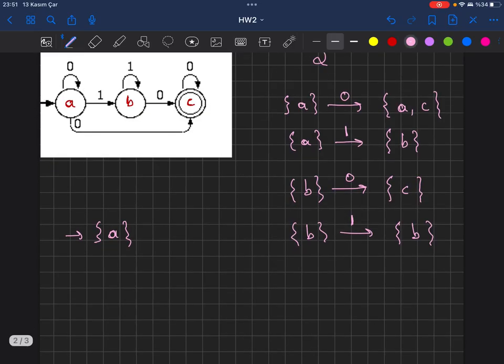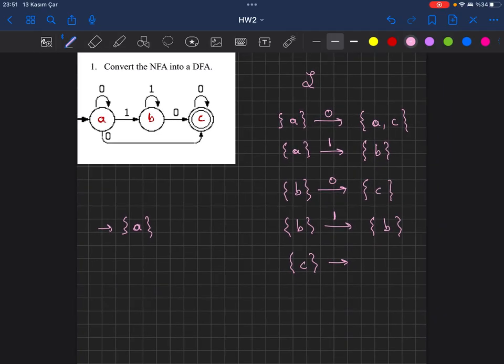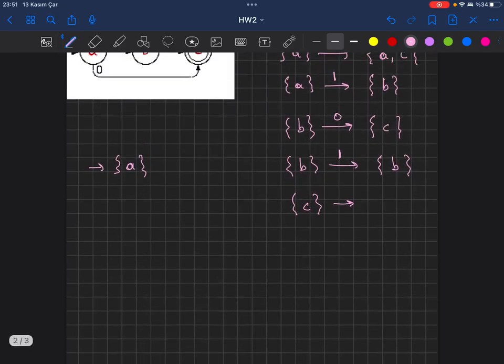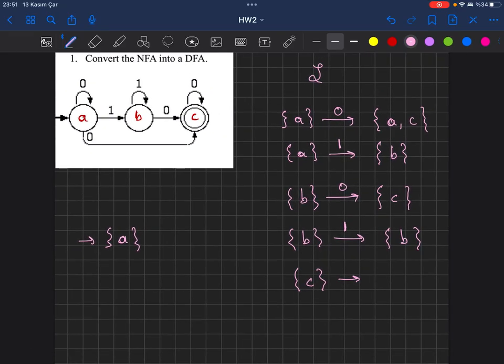Then write another state, it's C. In C, by the way, we should write all transitions. Let's write 0. With 0, we will go to C, just returning to itself.